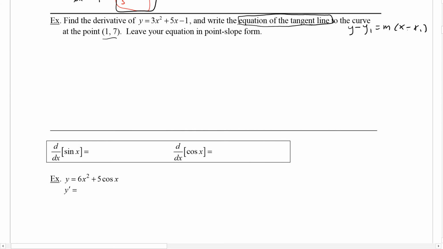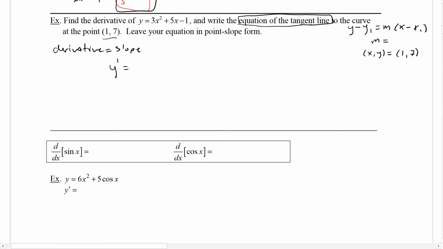So what do we need to express this answer? We need a slope and we need a point. Well, we know what the point is. They gave it to us, (1, 7). But we don't know what the slope is. The slope means to take the derivative. Derivative means slope, so let's find it.